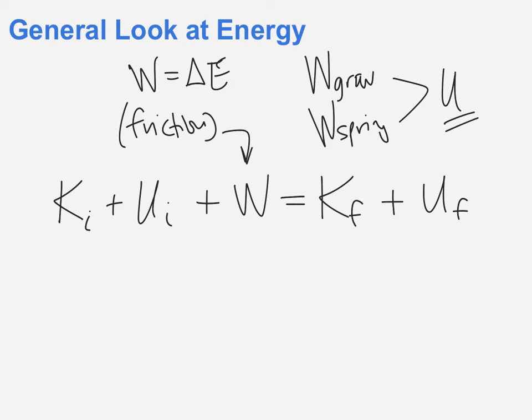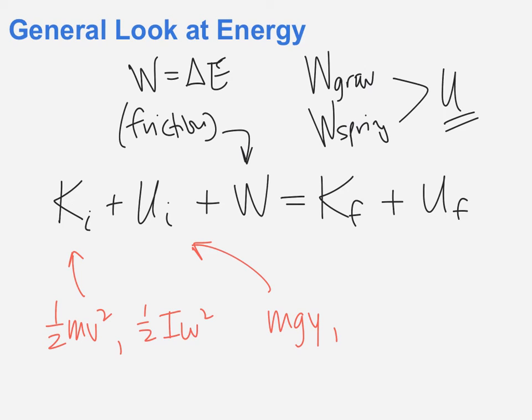And so this allows us to really handle just about any situation. My kinetic energy, it could be just 1/2 mv squared, but it also could involve something rotational. And so I just got to consider what type of motion I've got. My potential energy, it could be mgy, or this could be this idea of kx squared over 2, where x is that stretch distance, or both, either.